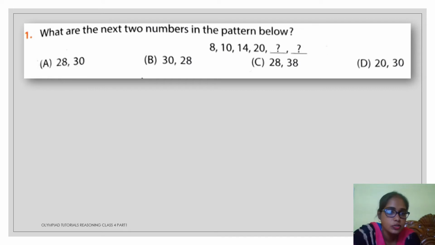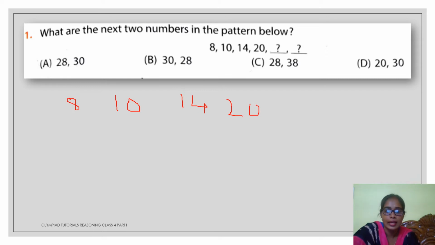So here is the first question: what are the next two numbers in the pattern below? So here you can see this is a pattern: 8, 10, 14, 20. So if you just write down the numbers 8, 10, 14, 20 and so on, now you have to find out which kind of series is implemented here.